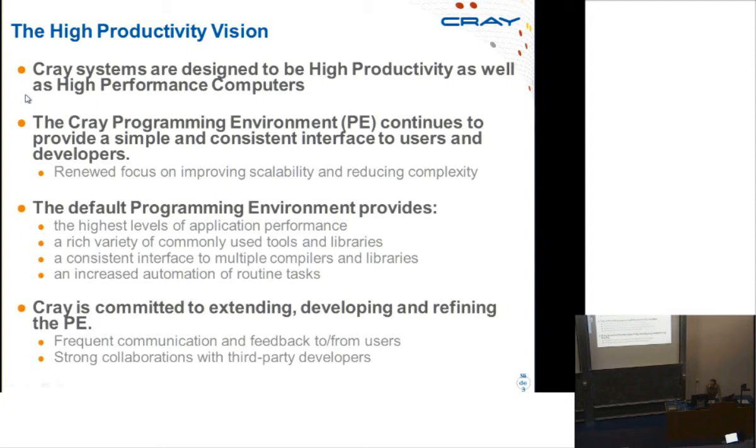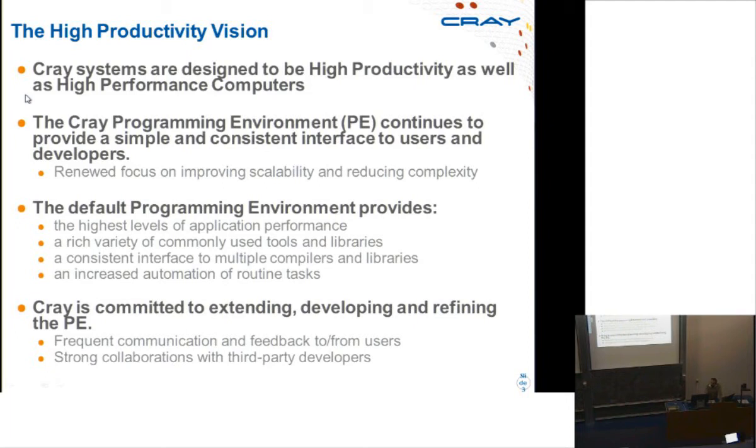So we're committed to extending, developing, and refining the programming environment. For this, you need frequent communication with your users, so we get feedback from people working on site, like myself, or directly from users. So if you do have anything you think could be improved, then we're always interested in hearing, and we will do our best to improve it.